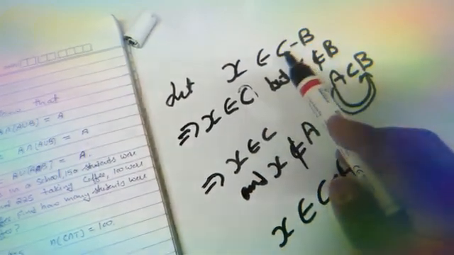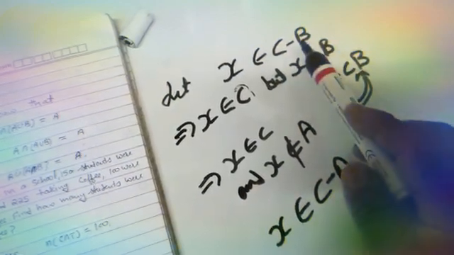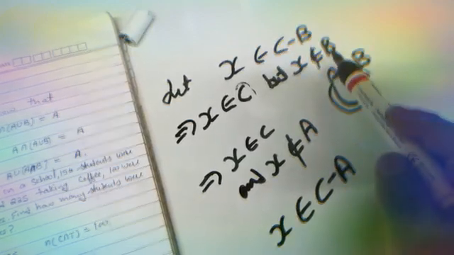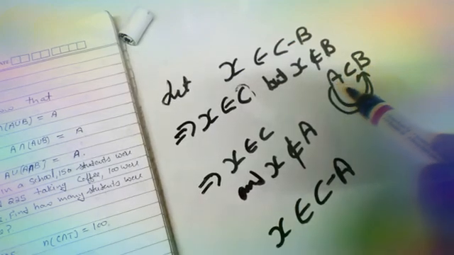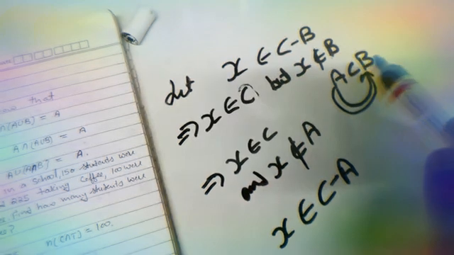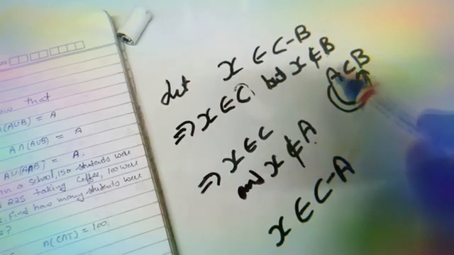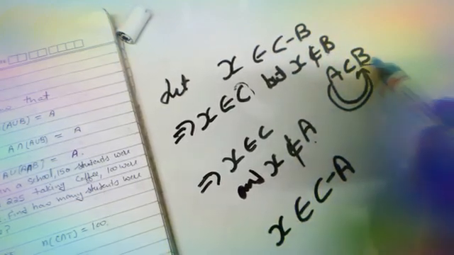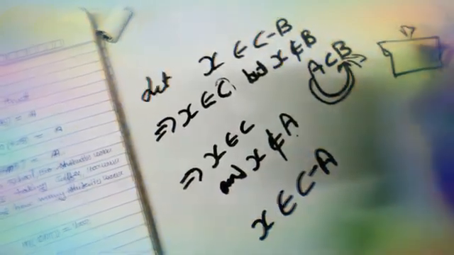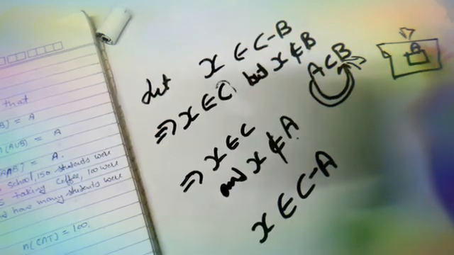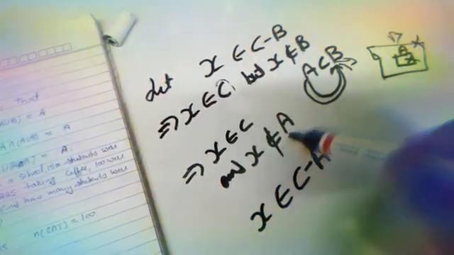According to the definition, X belongs to C, but X does not belong to B. We already know that in the question it is given A is a subset of B, meaning all the elements of A are in B. If X does not belong to B, it means X also does not belong to A, because B is a big set and A is inside it. If X does not belong to B, it means automatically it does not belong to A, so we can write X does not belong to A.